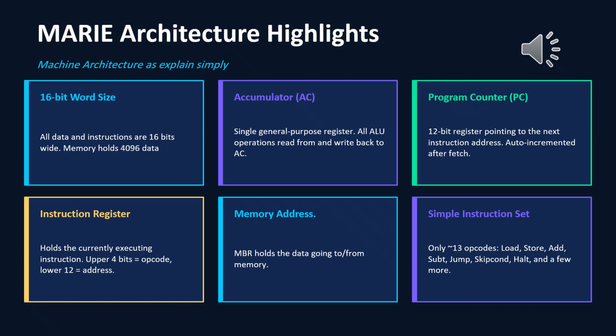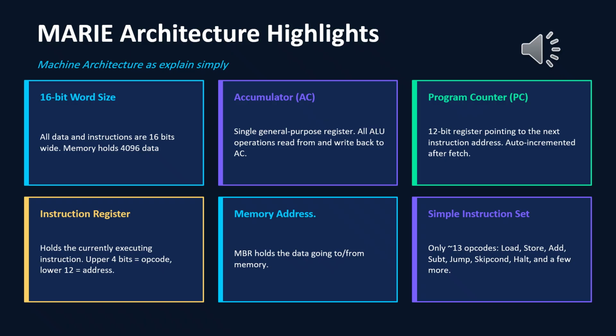Also, we have the AC accumulator, which we can call a middleman between the memory and each instruction, facilitating read and write back from the ALU to the AC, which facilitates our operation.